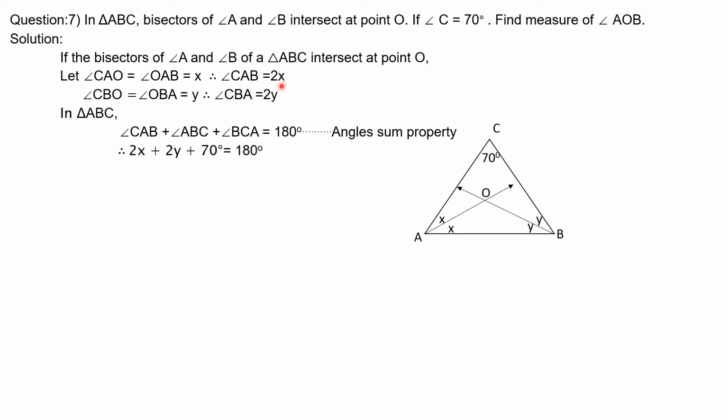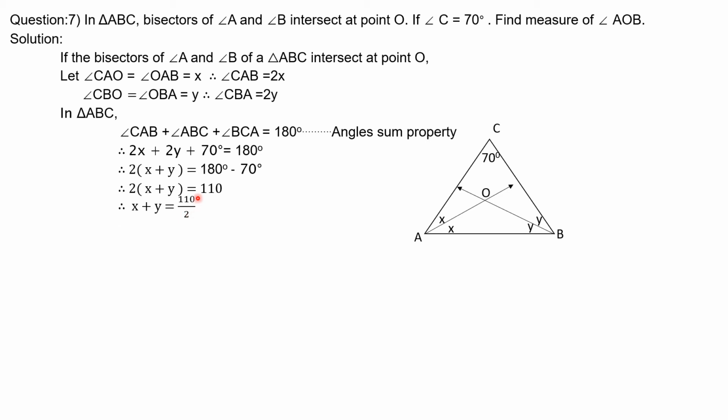Measure of CAB is 2x. So therefore 2x plus measure of ABC is 2y and BCA is given 70 degrees, equal to 180. So we take a common factor 2. Therefore 2 in bracket x plus y is equal to 180 minus 70. Therefore 2 in bracket x plus y is equal to 110.